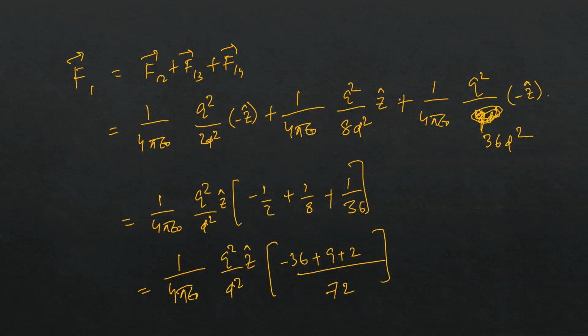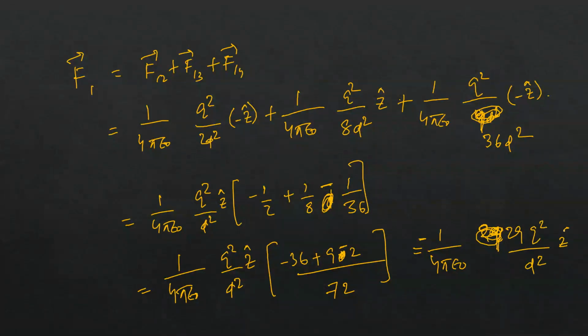Okay, now I think it will be correct: 29 by 72. 1 by 4 pi epsilon naught, minus 29 q square by 72 d square, z cap. That is the final answer for this.